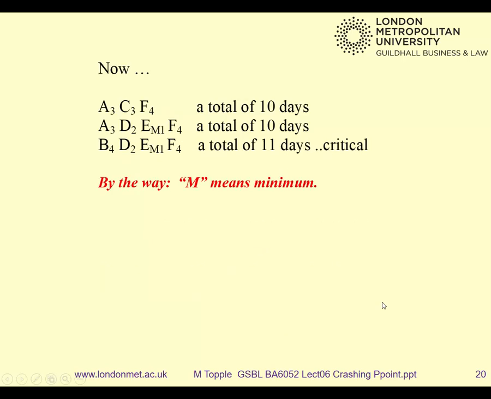But let's just look at it for a minute. We're here now. If I made that B2, what would happen to this? It's not critical anymore. It would be 9, wouldn't it? But what happened to these? So is there any point in taking B down to 2? No. So we'll only crash B by 1 day at this point, not by 2, because that would just make this 9, leaving those both 10, so you spent all that money for nothing.